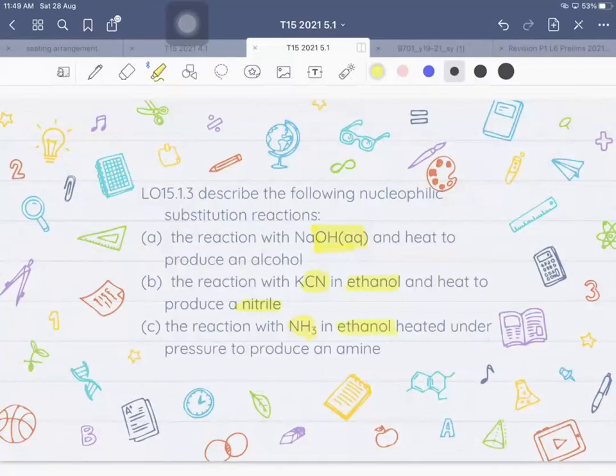We don't use water to dissolve them. Likewise, for potassium cyanide, if I use aqueous potassium cyanide and the aqueous contains water, water is the nucleophile. So the water will attack my halogenoalkanes, not the cyanide nucleophile. So ammonia in ethanol, or sometimes called ethanolic ammonia, has to be heated under pressure to produce a new functional group called the amine.